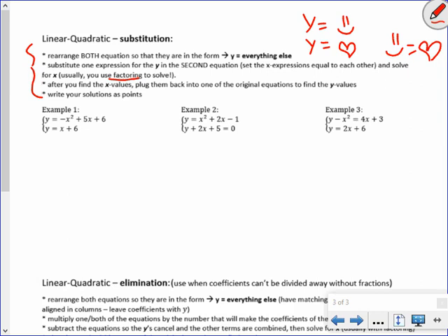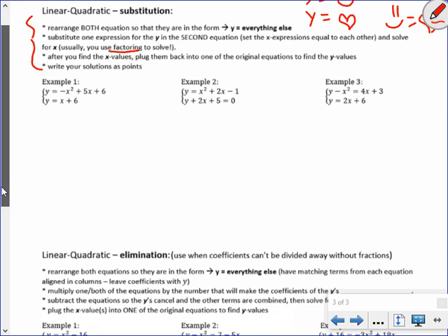So let's go ahead and take a look at the first one. Both of our equations are already set up as y equals. I like to put little check marks already set up the way that I want them to be set up. So they're already set up as y equals. So then I go straight to my second step. Because these are both equal to y, they equal each other. Yes, transitive property.